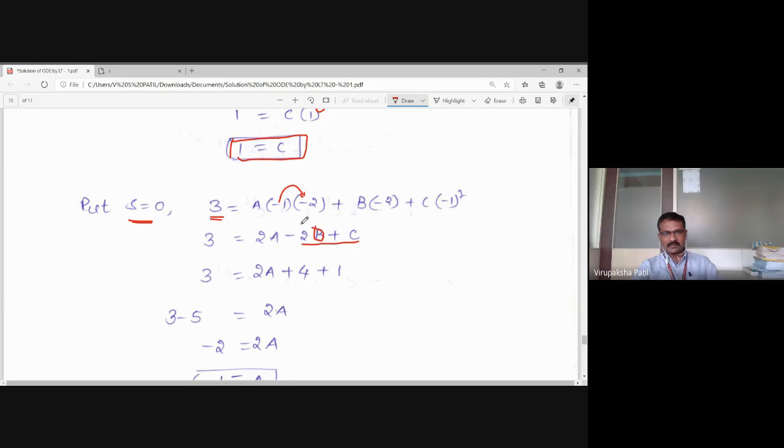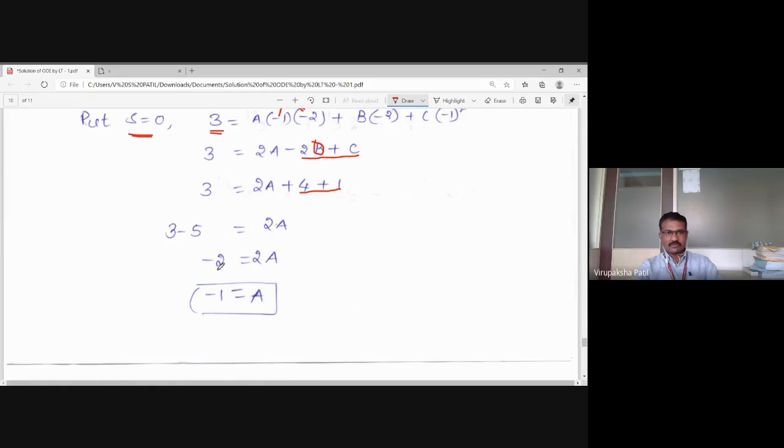If you put minus 2, minus into minus becomes a plus. So 4 plus 1 is 5. You take that 5 this side, it becomes 3 minus 5 is equal to 2a. Therefore 3 minus 5 is minus 2, so minus 2 is equal to 2a. These two get cancelled, so you get the value as a is equal to minus 1.